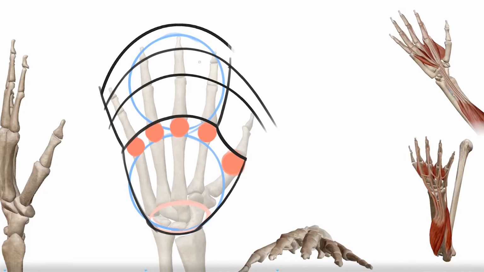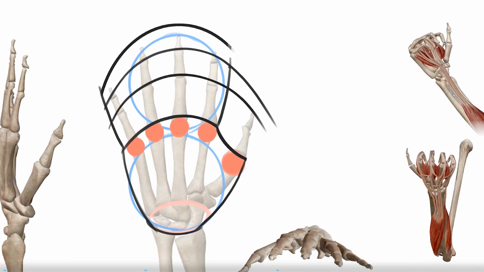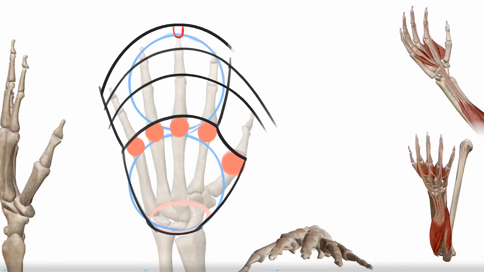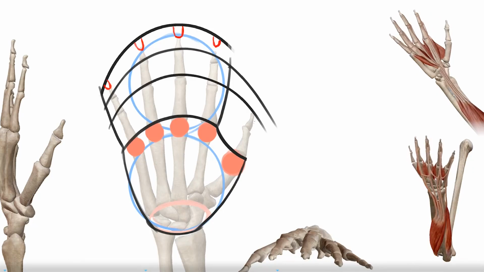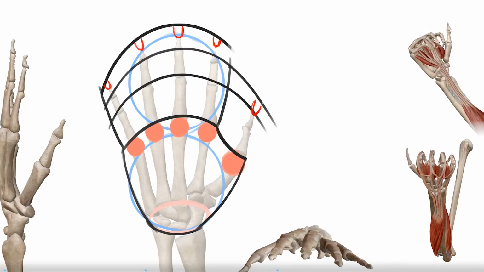In reality, the bone ends at about the halfway point, and then your nail starts right about here and goes all the way to the tip of your finger. So you'll have your nails like this. Same thing with the thumb right here. It's normal to have a little bit of buffer here.